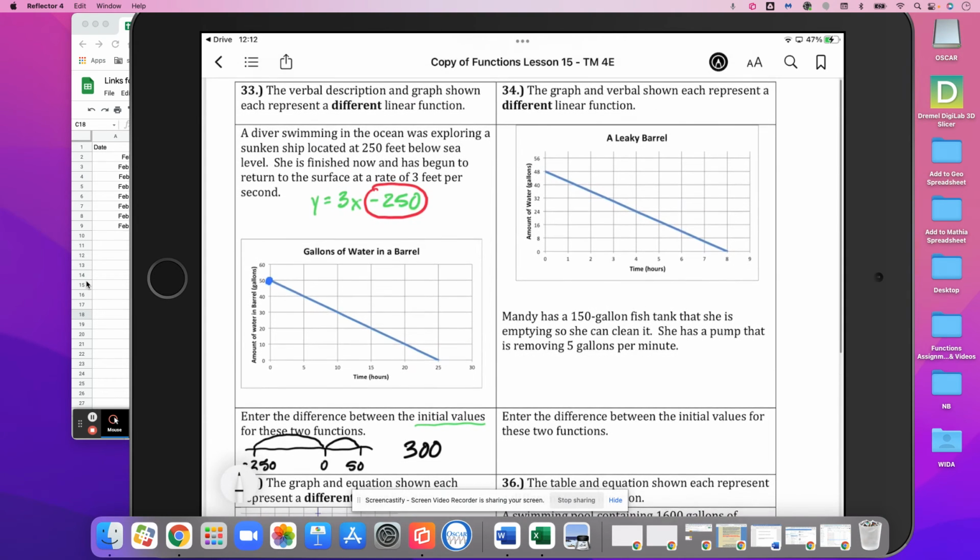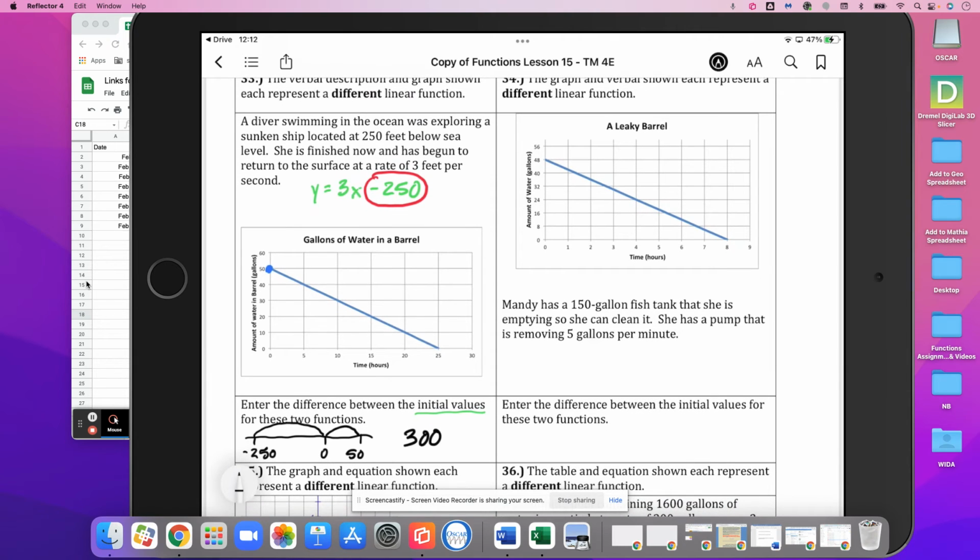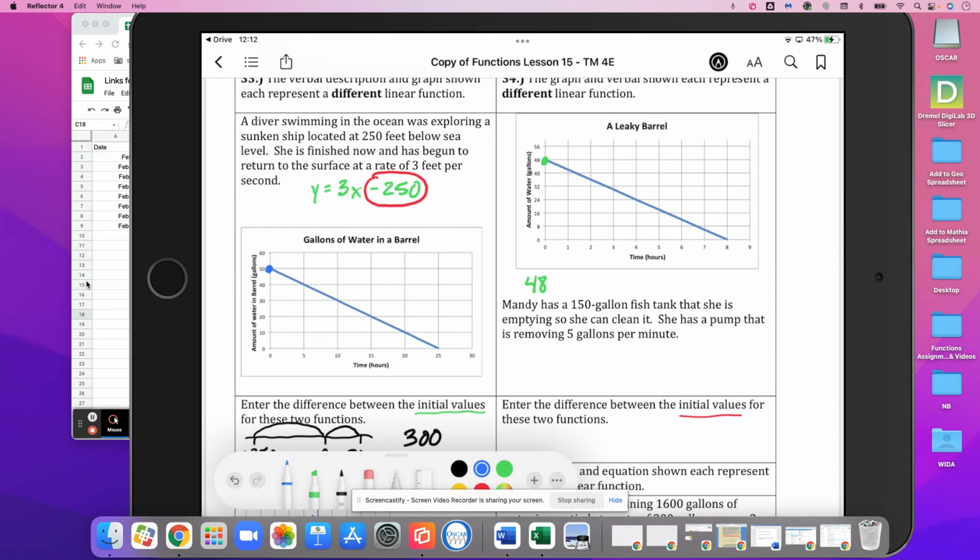So we have another one on the right where we've got a graph and a story. We're asked to compare the initial values. For the graph, we'll do that one first. Its initial value is going to be 48, it looks like. I'll just write that down over here. And then Mandy has a 150-gallon fish tank that she is emptying so she can clean it. She has a pump that is removing 5 gallons per minute.